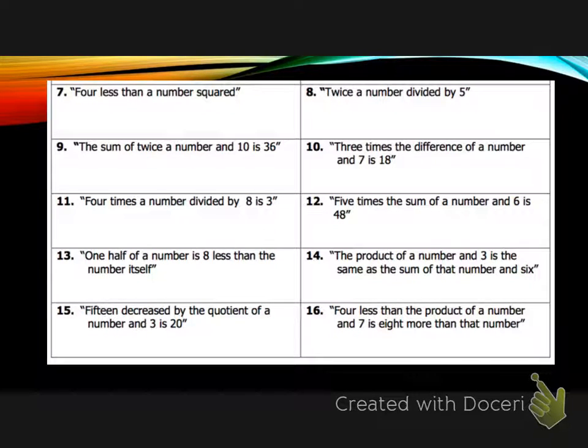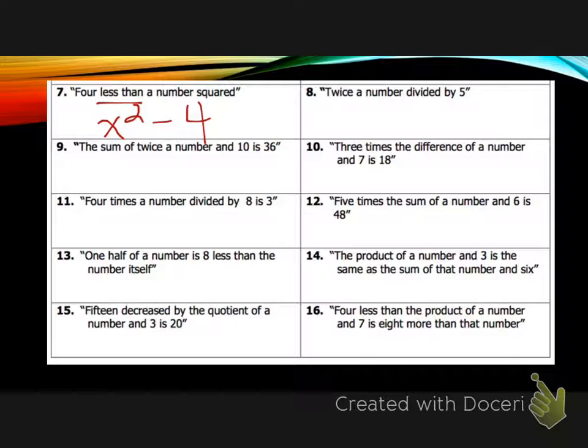Okay, looking at some more of these. Let's see, number 7, 4 less than a number squared. Less than is telling us, remember it's a turnaround, a number squared and 4 less than that. How about, let's look at number 9.